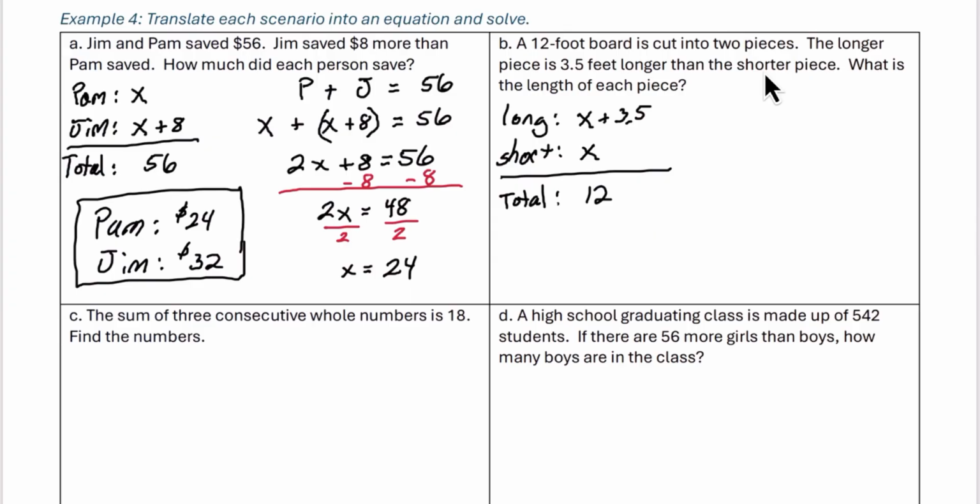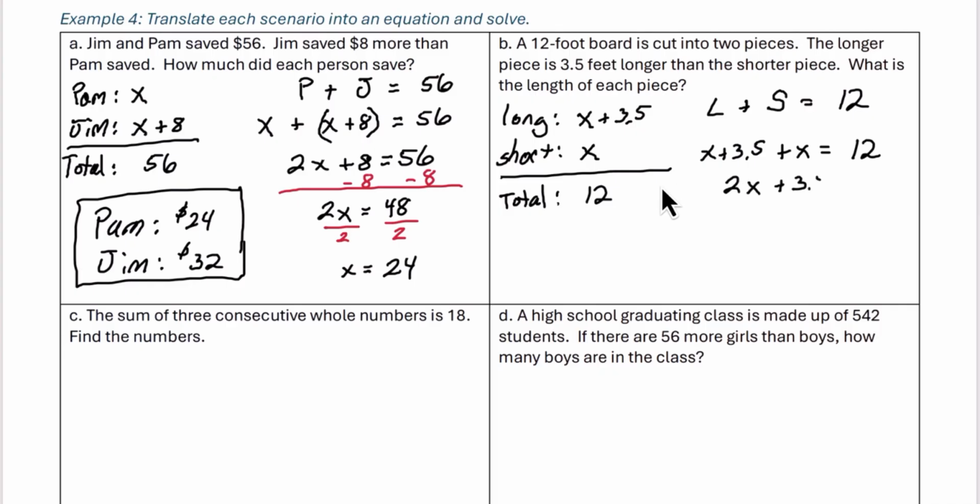So we can set this up similar to how we did the previous one. We have the long piece plus the short piece has a total of 12. The long piece is X plus 3.5. The short piece we said is X, and we know the total is 12 feet long. Let's combine like terms. X plus X is 2X.